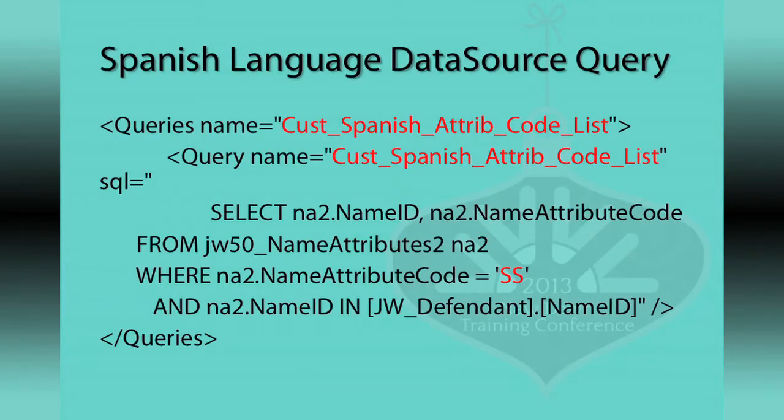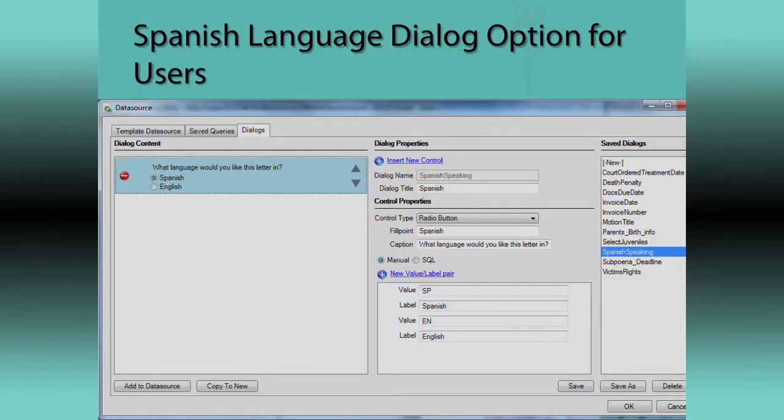I put them in red so that you can know, oh, this is specific to Pima County's database, so you can know to go and grab your code. And however you name your data source query, you can keep mine, or you can do it however you want. I just pulled in the name attribute code and only returned it if they're Spanish speaking, or SS in my case. And so that's the data source query to go ahead and tell JDA whether they're Spanish speaking or not.